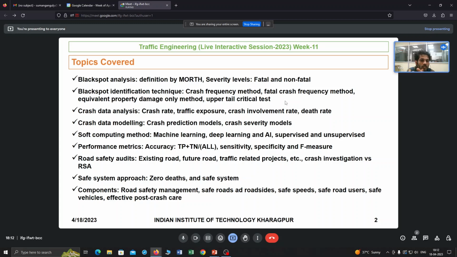Maybe you can consider it in some cases, but if you look carefully, even if fatal crashes are higher at a particular location, at the other location major injury cases are also very high. In that case it is very difficult, so that weightage is very difficult.